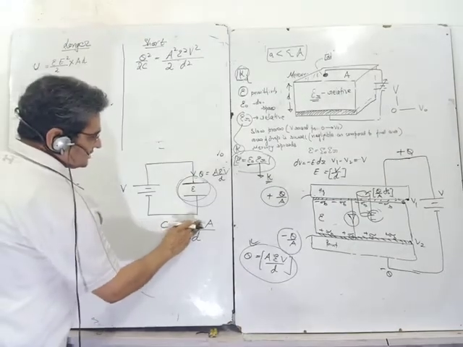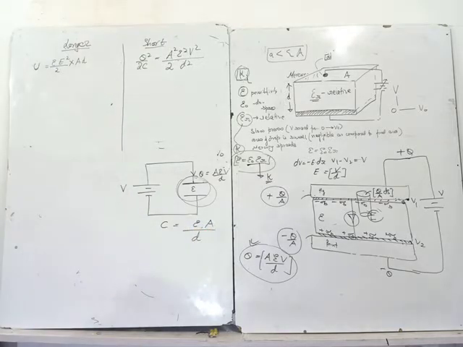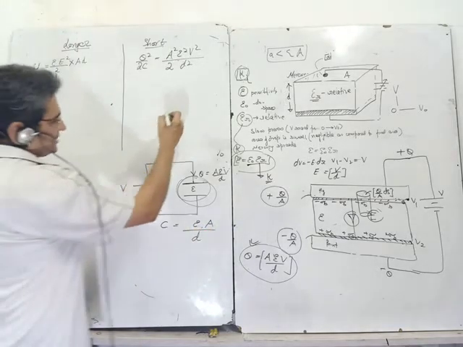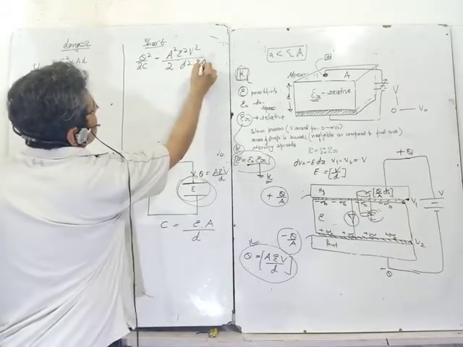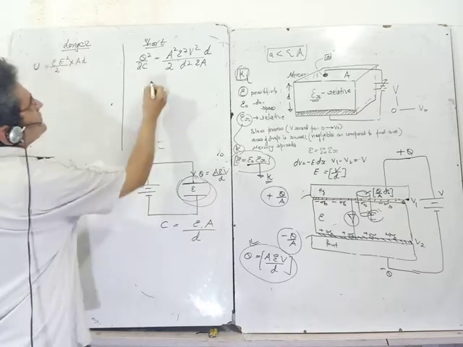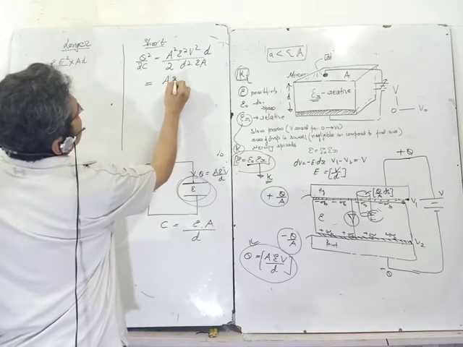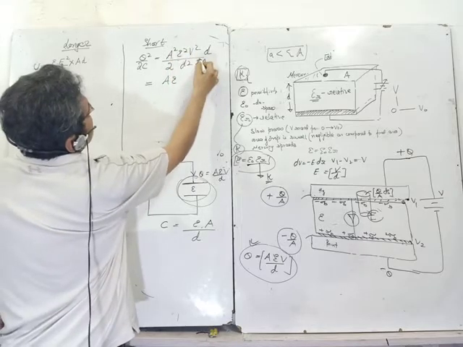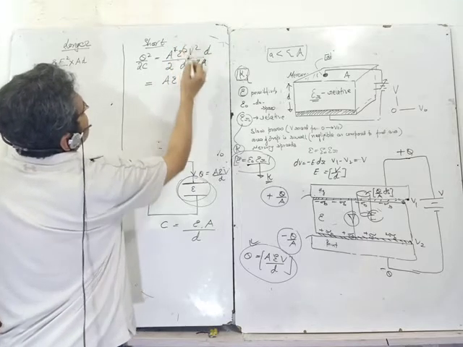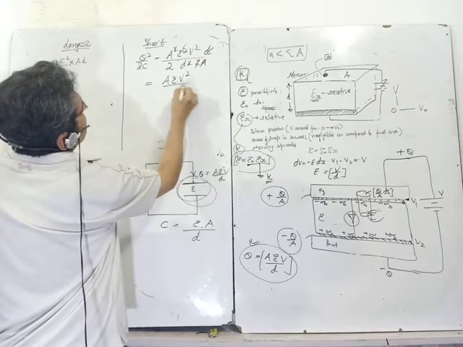Epsilon naught epsilon_r I always prefer to write as epsilon to avoid any errors. So the value of C is epsilon A upon d. So this becomes epsilon A, this gets cancelled, this gets cancelled, V squared upon twice d.